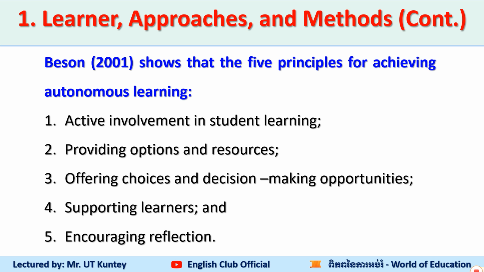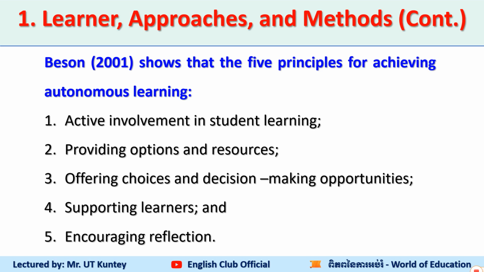Number four, supporting the learner. Whenever you assign any exercise or any method to the student during your teaching performance, you have to support them all the time. You have to motivate them and encourage them with good words in order to support what the learner learns in the classroom or outside the classroom.